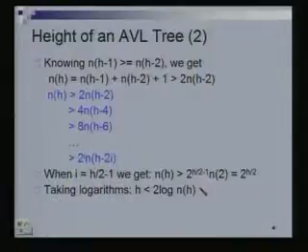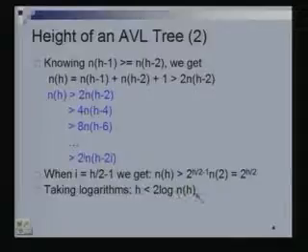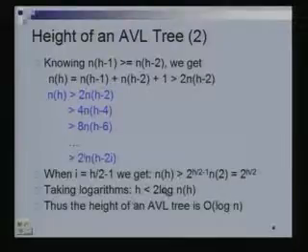It will satisfy this relation because n is only going to be larger than n of h. What was n of h? n of h was this minimum possible number of nodes. So any AVL tree on n nodes has height at most 2 log n from this argument.